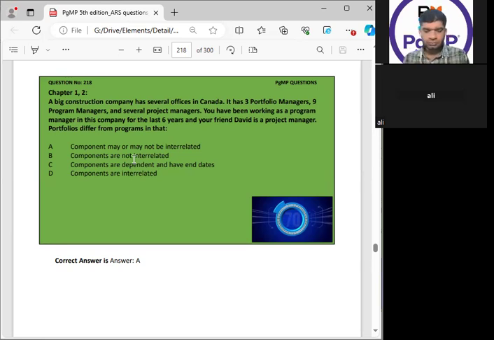Then the strategy is divided into different components and smaller objectives. When they divide the strategy, initiatives come from it, and the initiatives can be portfolio, program, or anything. But in the bigger picture, all come up under the one umbrella of a 50% revenue increase. I'm just giving you an example.